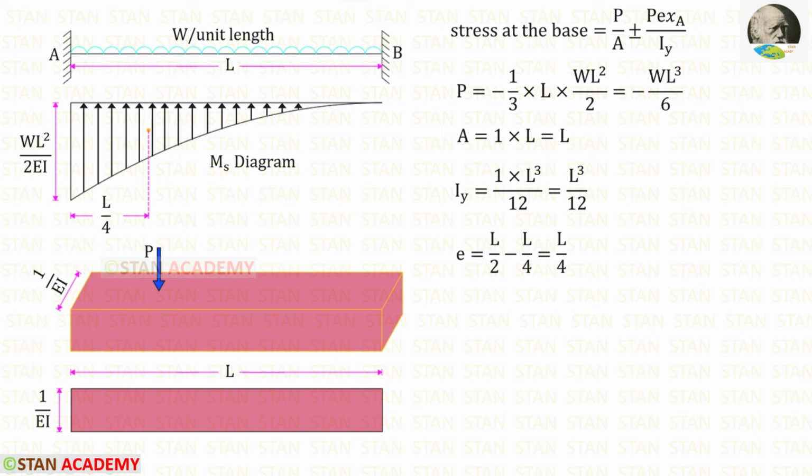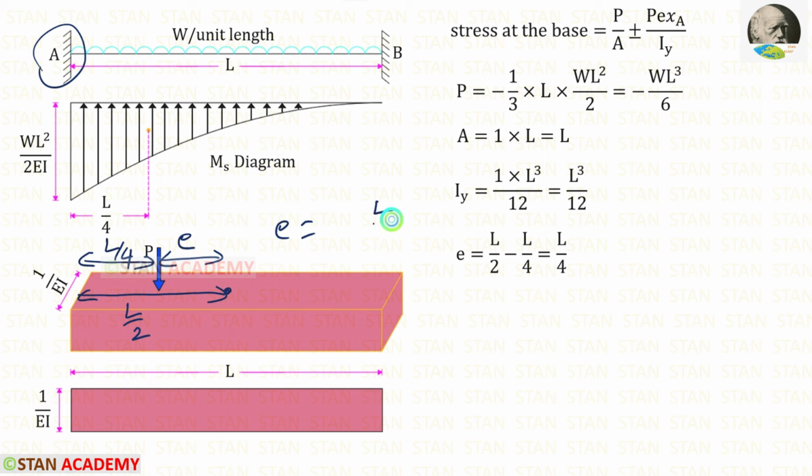Now let us find the eccentricity E. We know that in this analogous column, the center lies at the distance of L by 2 from the point A. This is the eccentricity E. We know this distance is L by 4. So to find the eccentricity, we have to subtract L by 4 from L by 2.